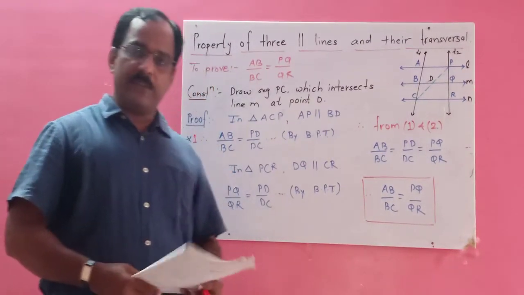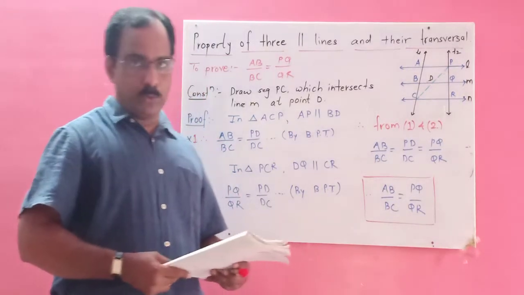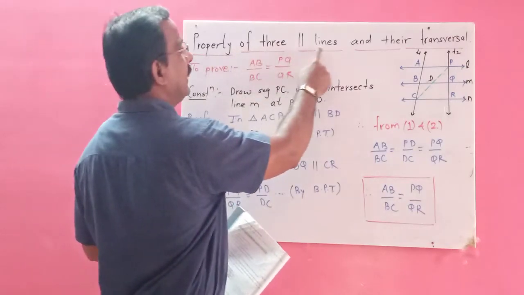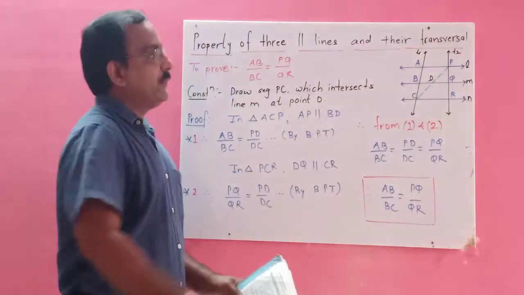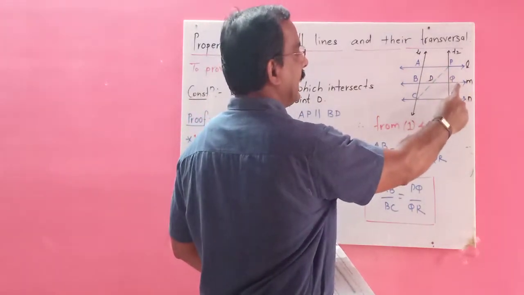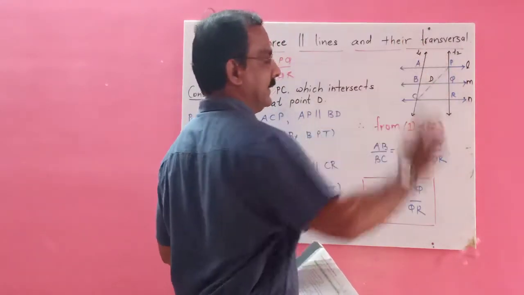Before explaining exercise 1.2, children, we have to learn one more theorem, that is the property of three parallel lines and their transversal. As you can see here, I have drawn three parallel lines L, M and N, and these two are the transversals.